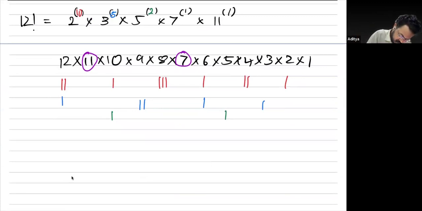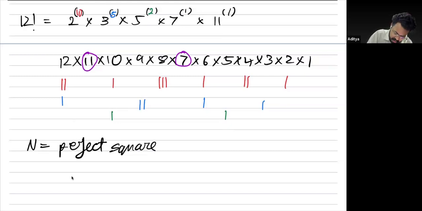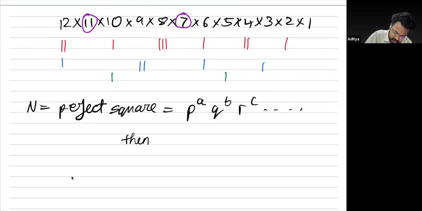Perfect squares are of the form, if capital N is equal to a perfect square and it is equal to p to the power a, q to the power b, r to the power c and so on, then my claim is that each of a, b, c must be even.